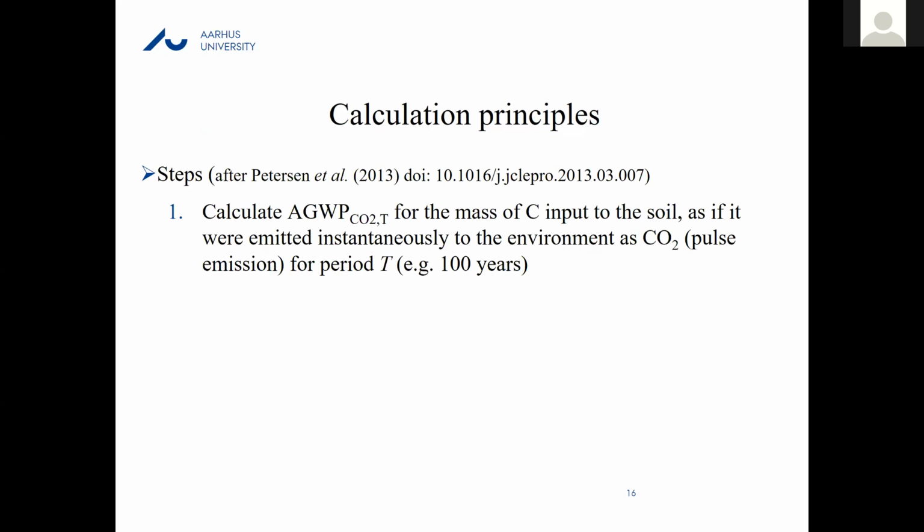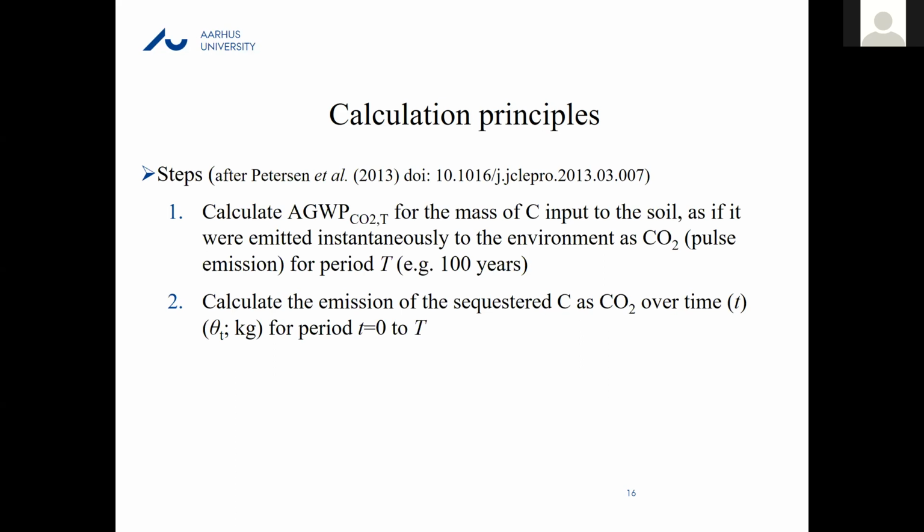Turning now to the steps needed for calculating the carbon sequestration offset, we can refer to the paper produced by Peterson et al. in 2013. The first step is to calculate the absolute global warming potential of the mass of carbon input to the soil as if it were emitted instantly to the atmosphere.